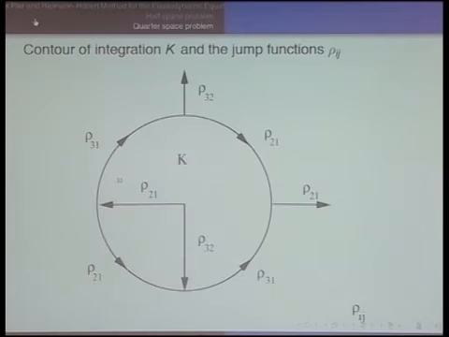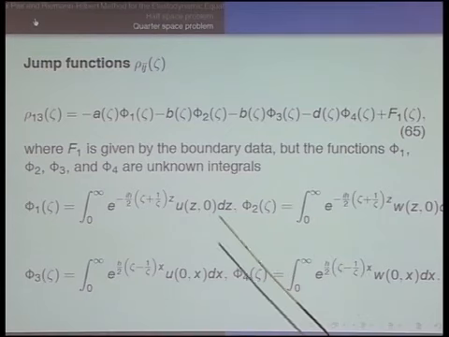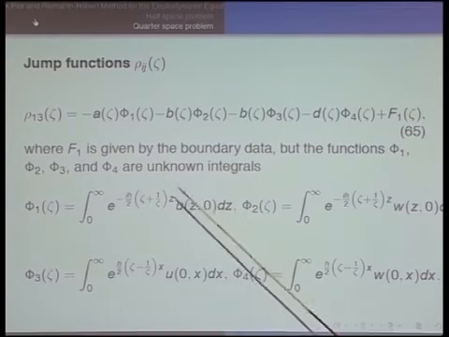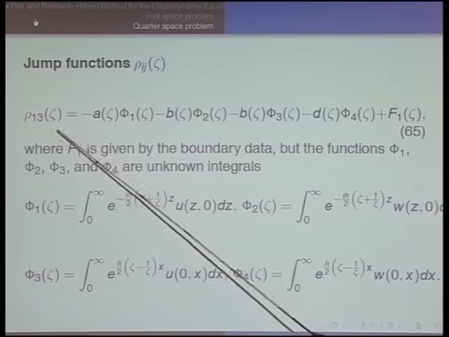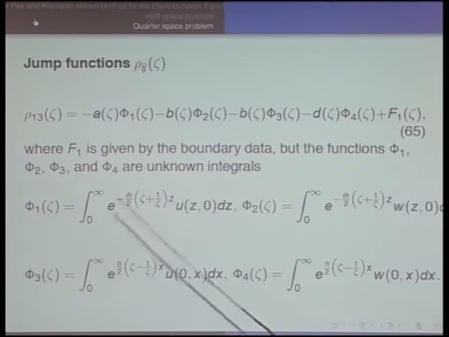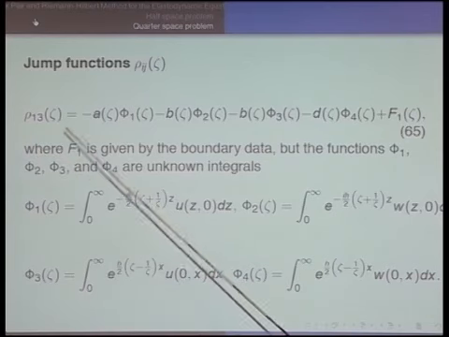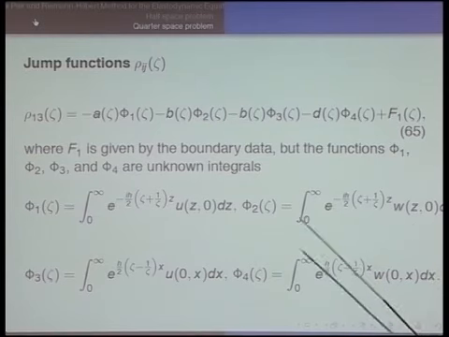However, when we start substituting the boundary conditions into the jump function, here I show you just one of the jump functions, rho 1,3. There are 3 of them because there are 3 partial solutions.